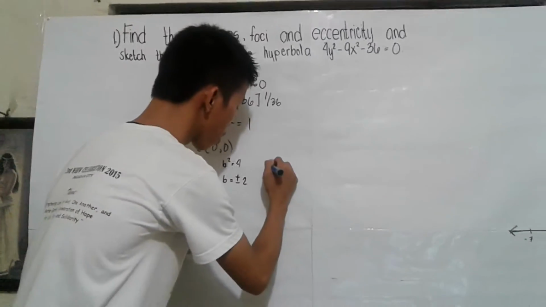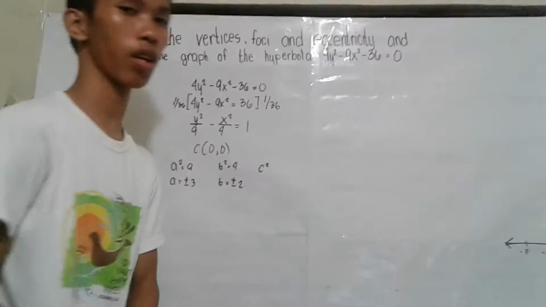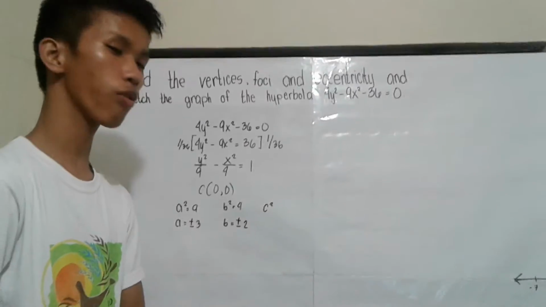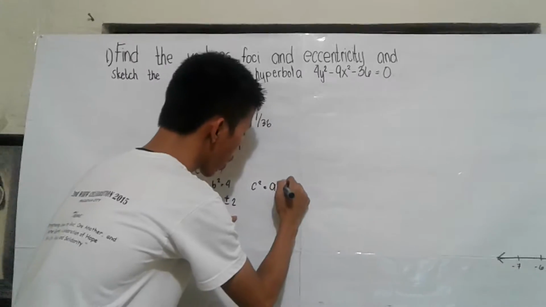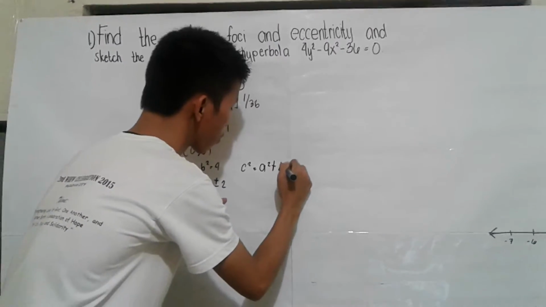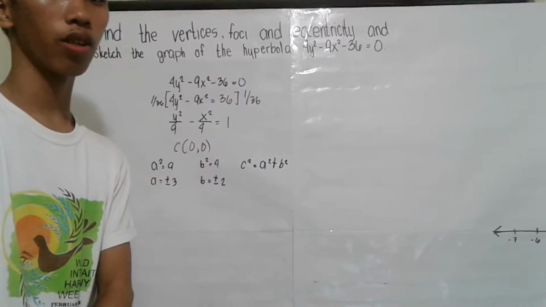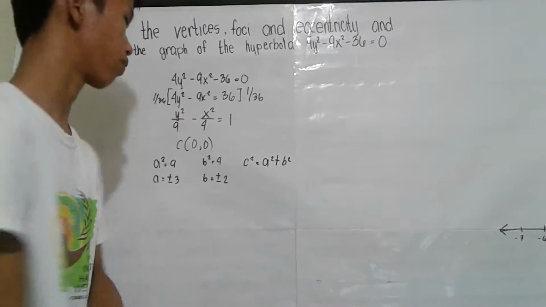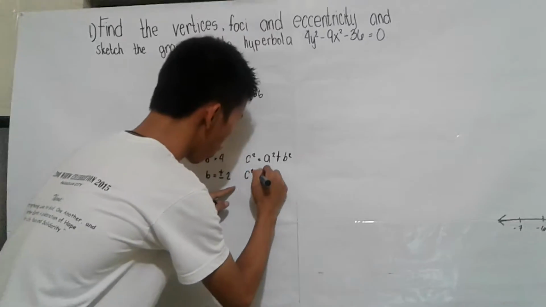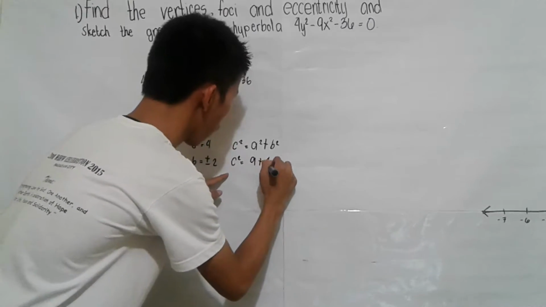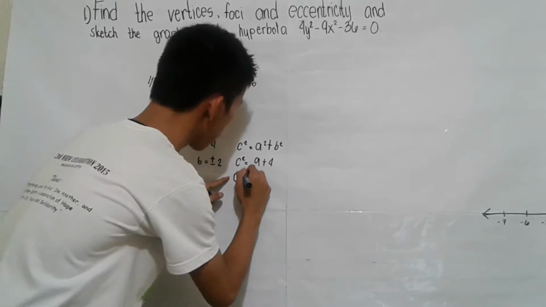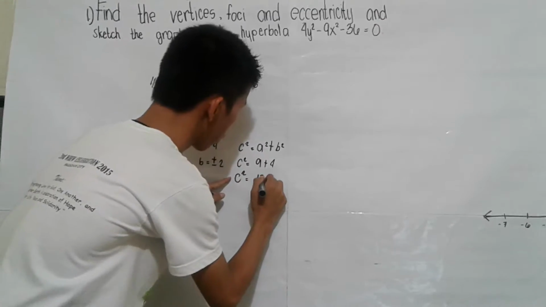Then our c squared is not given, so we use the formula c squared is equal to a squared plus b squared. Then do the substitution. So c squared is equal to 9 plus 4. So c squared is equal to 13.